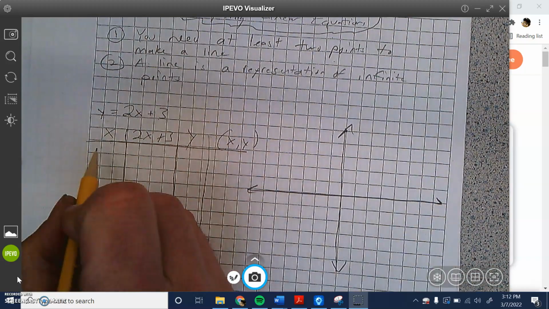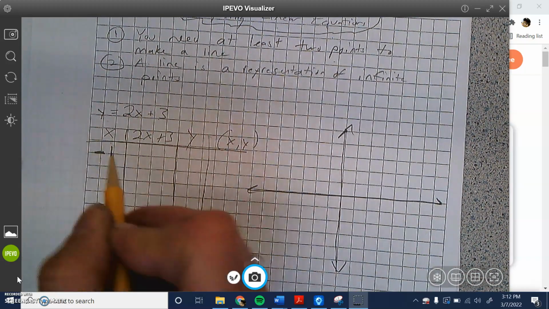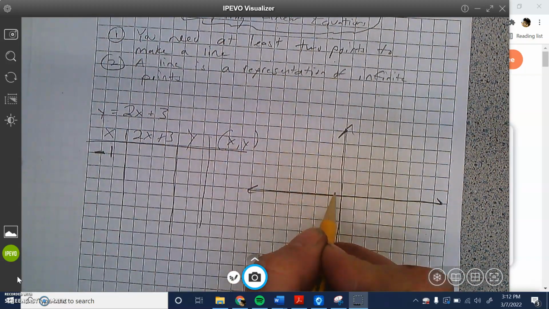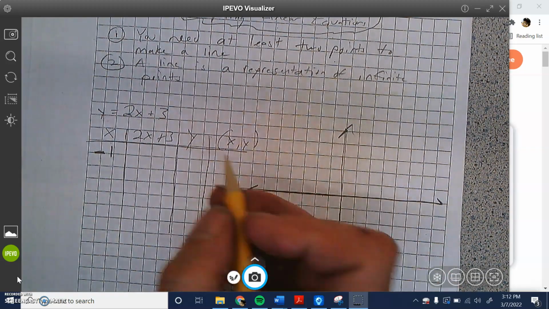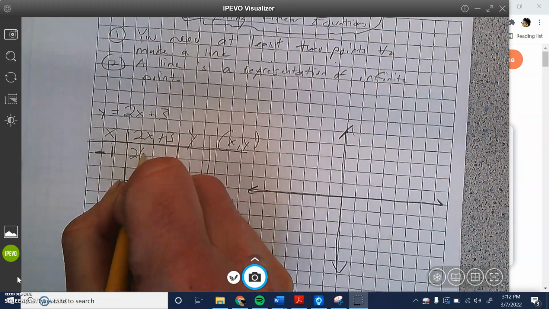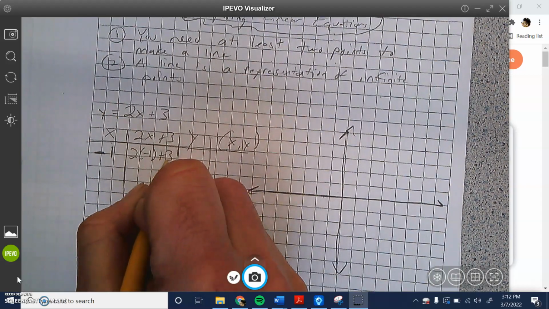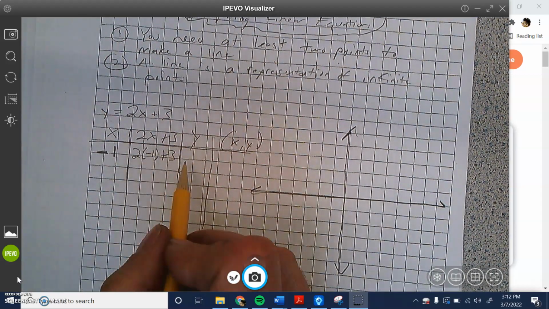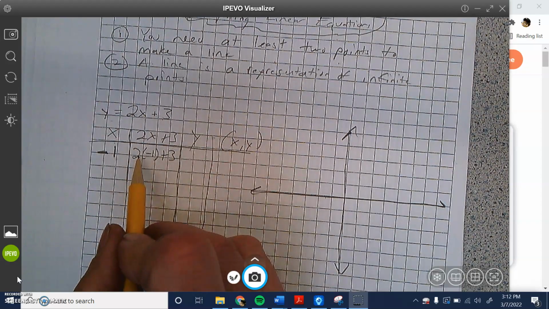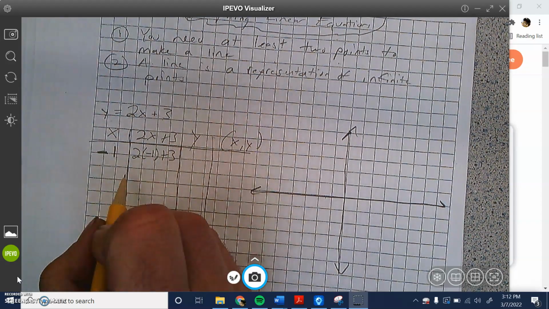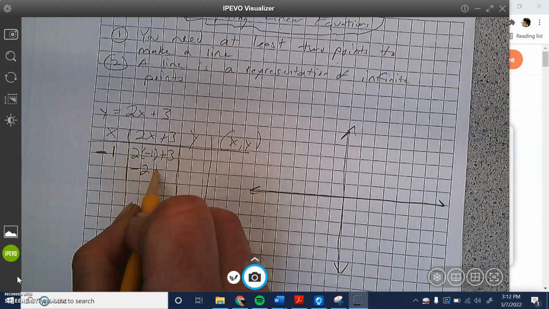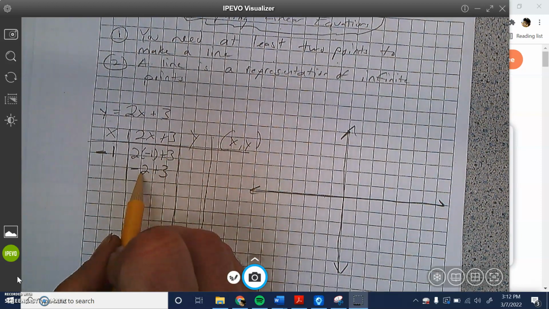We need some points. So let's pick -1 first, because -1 is close to the origin. It generally has a smaller number. Let's see. 2 times -1 plus 3. Figure this out. This is where we struggled in class. 2 times -1. A positive times a negative is a negative. -2 plus 3.